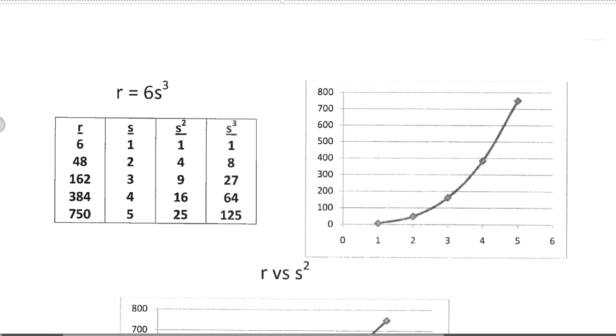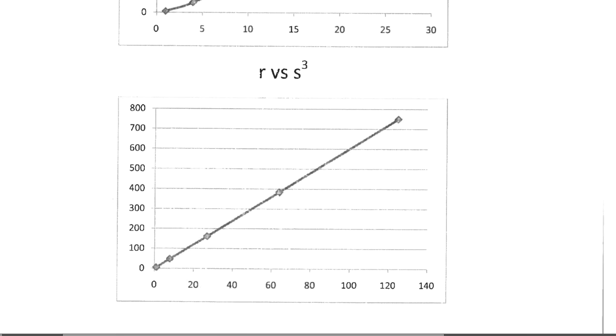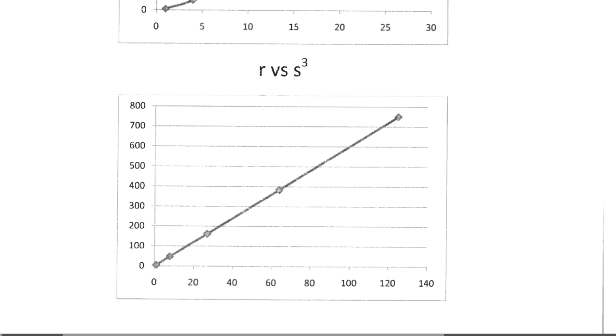When we get to the bottom part here, we're not changing the s cubed value and then cubing it again. That's already been done. Once I've doubled the s cubed value, that's it, and that's why it creates a straight line. So again, mathematically it's a little bit counterintuitive to what you guys are used to seeing, but this is generally how it works. And once you get the idea, it's actually really simple.